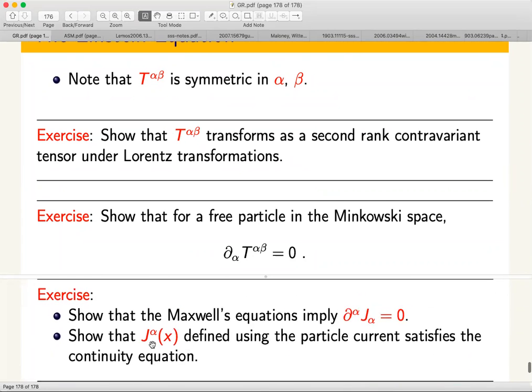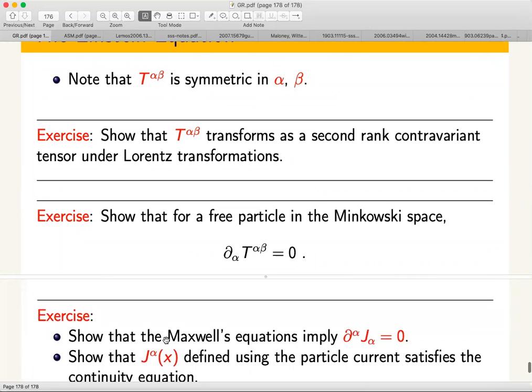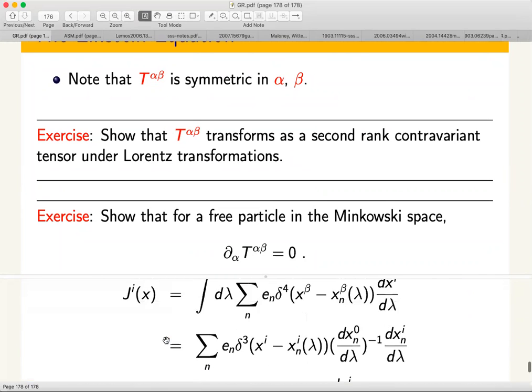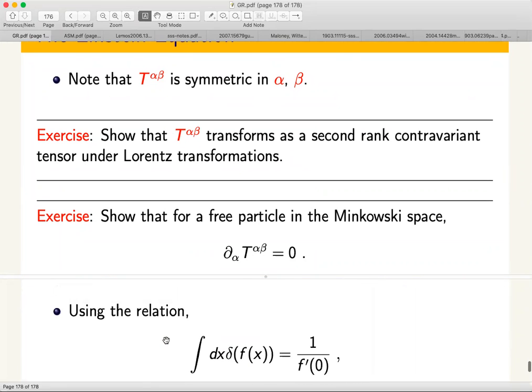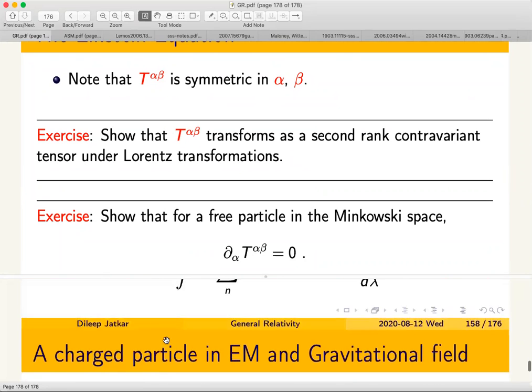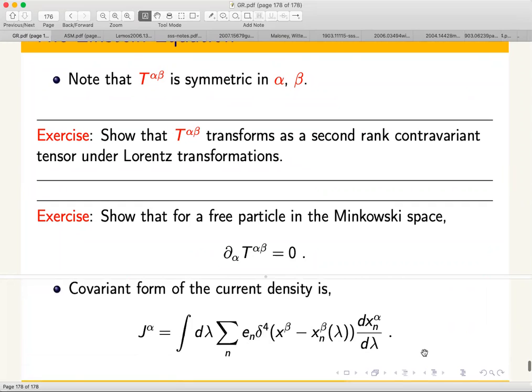Whatever current we had written down earlier, which is right here, this form of the current, you show that del_alpha of J^alpha is actually 0. Whatever manipulation you need to do there is exactly the same manipulation that you will have to do here. So in that sense, if you do that exercise, this exercise is trivial.